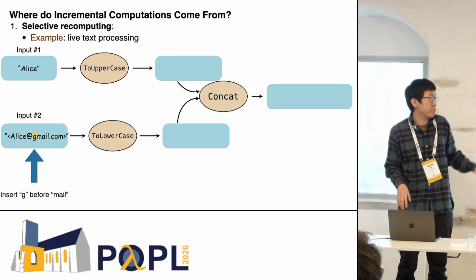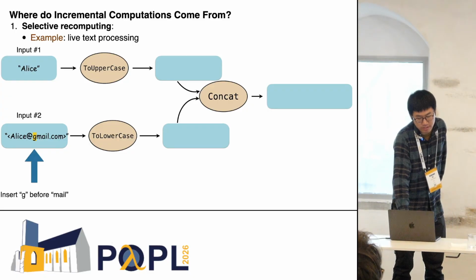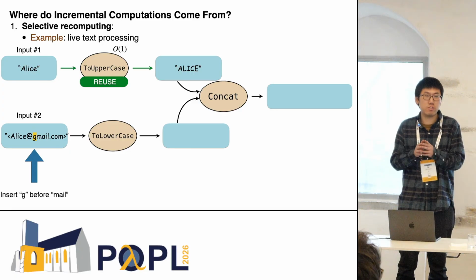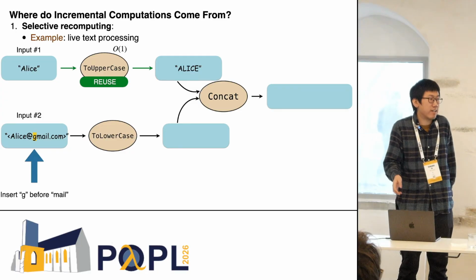This is a change to the input, a very small input change. The incremental computation detects that since the first input has not changed, we can directly reuse the result of toUppercase, which takes constant time.